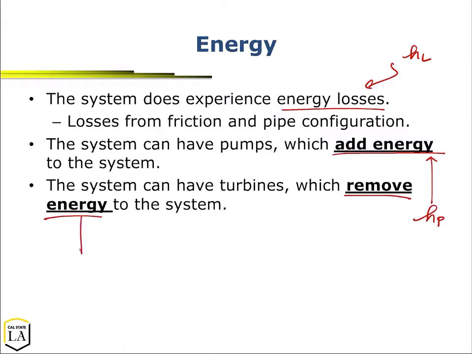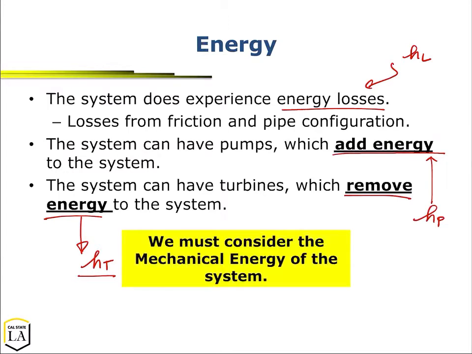And so we usually represent this loss as HT, which is our head taken or lost from the system due to the turbine, okay? Now, we must consider the mechanical energy of the system now with the energy equation.